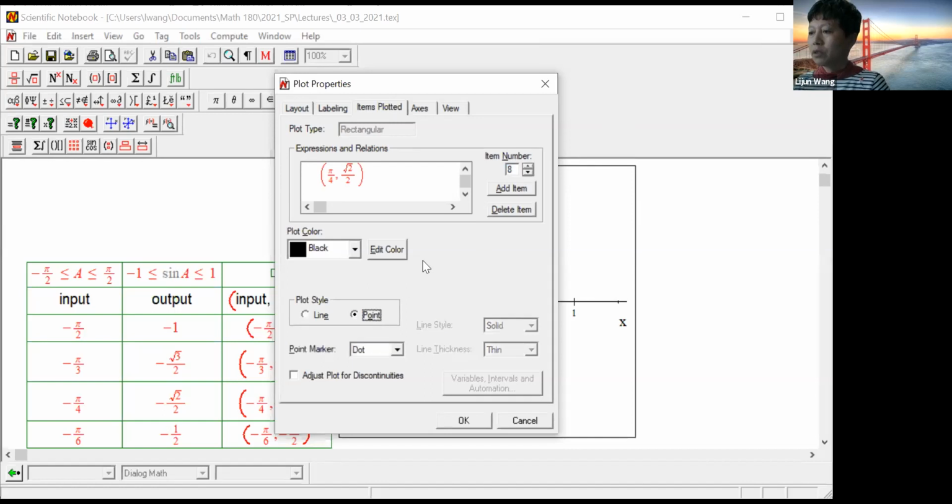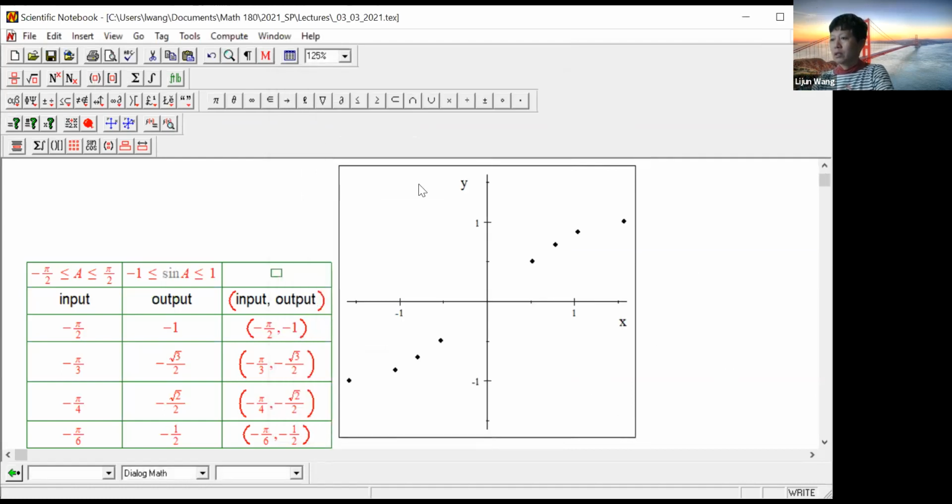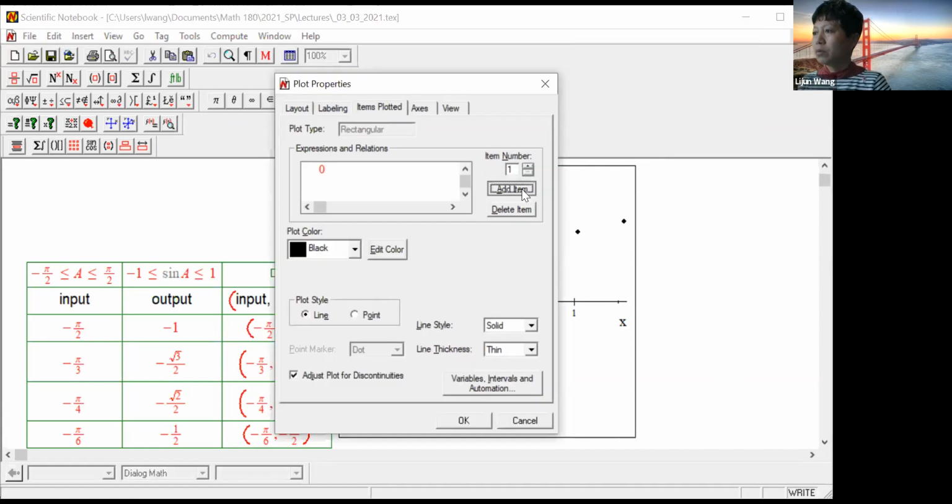This one, I should put a point here, and this would be a point. Okay, so add one more item. It's pi over 2, comma 1. Did I forget my 0? 0, comma 0. A point.